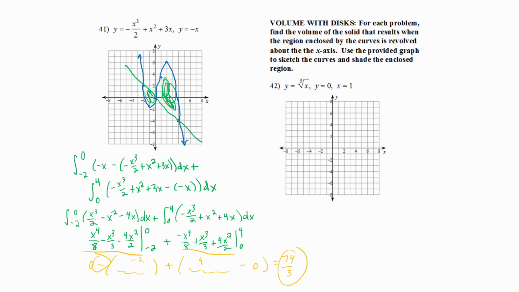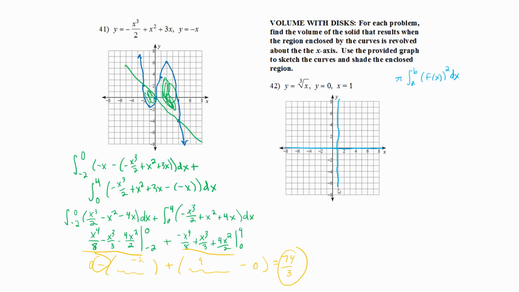Volume with disks. This is a slightly separate situation. Our formula for this is pi, and then our integral, and we take our function and we square it. So y equals 0 is one of our lines, and that's also what we're rotating around, is our x-axis.